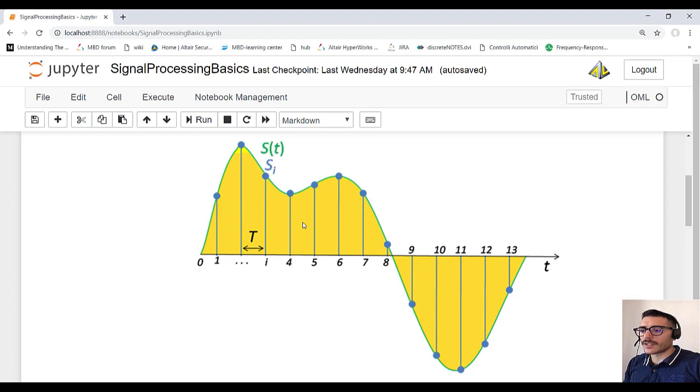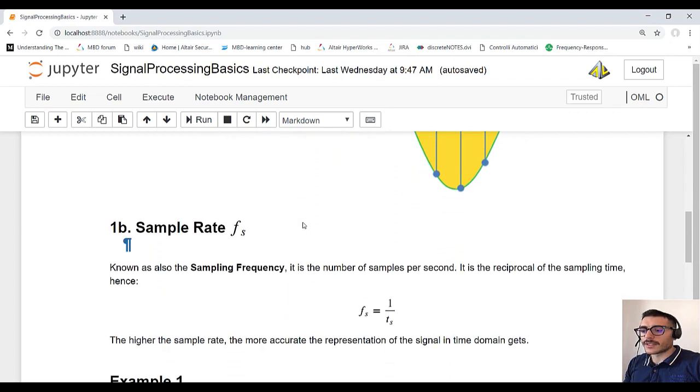If we have a continuous signal, we can record its value at some space-time instances, and the distance between two successive samples is defined as the sampling time, or the sampling period, which is indicated with the capital T in this picture. And if we compute its reciprocal, we get the sampling rate, which is also known as the sampling frequency.